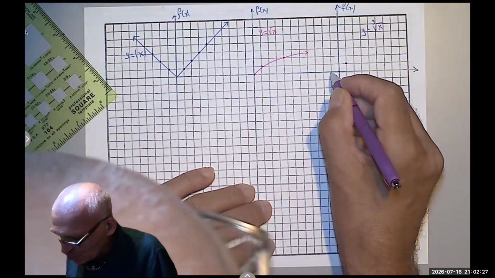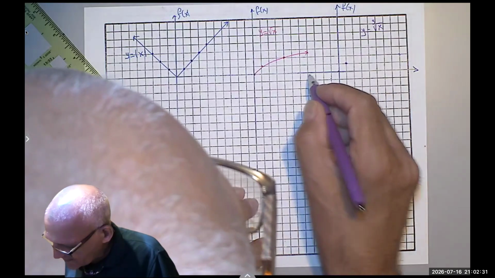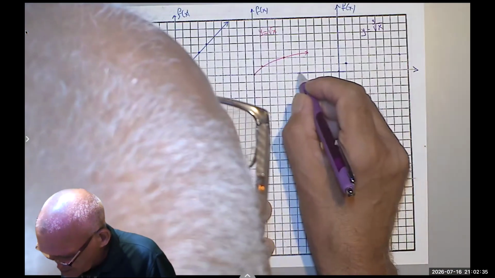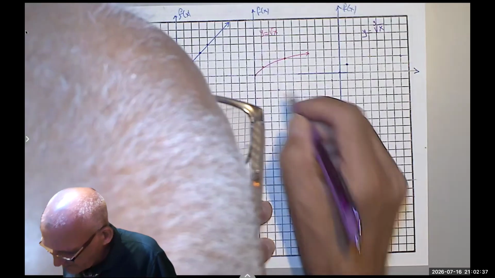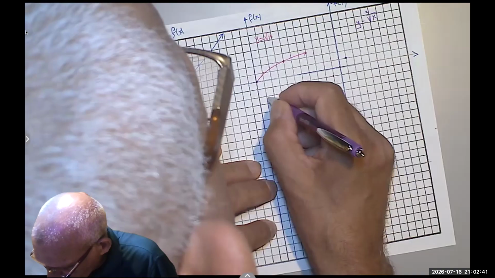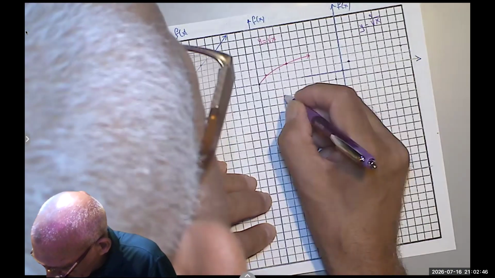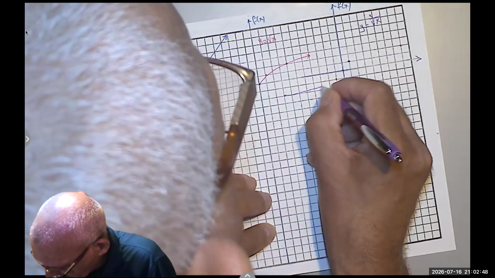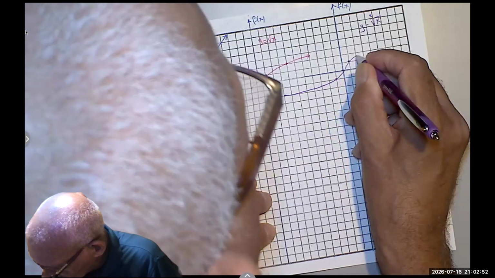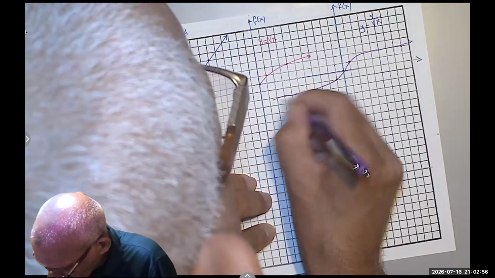But cube root of negative 1 is negative 1, and cube root of negative 8 is negative 2. So it goes like this, and of course, cube root of negative 27 would be negative 3. It goes down, but very slowly. It's curving up, then curving down, and it will increase to infinity.